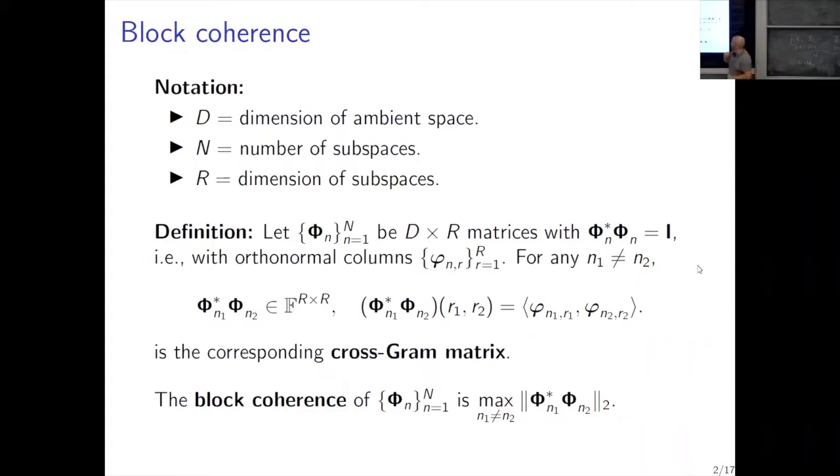And we have this quantity called block coherence. I'm going to motivate this a lot more on the next slide. But what this actually is: you take all of those tables of inner products between bases, you take the induced 2 norm of those. So you take the largest singular value of all of those, and then you take the largest one over all pairs. This is what is called the block coherence.